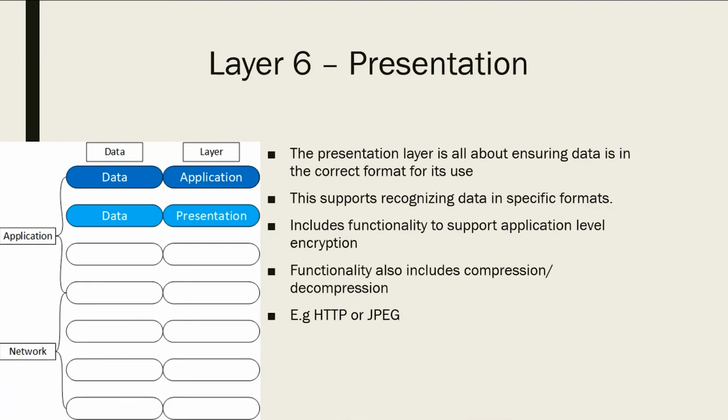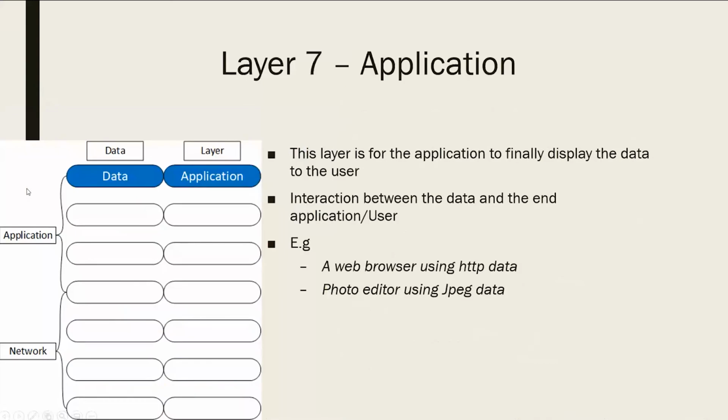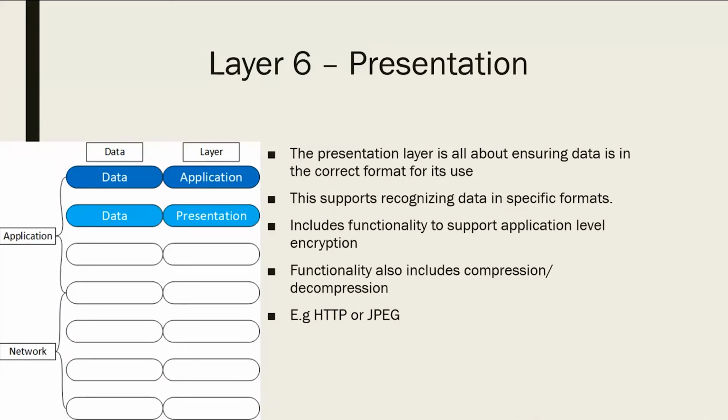We then have the layer 6. And if you think about the way that the data flows, we're moving from 6 to 7, I should say.